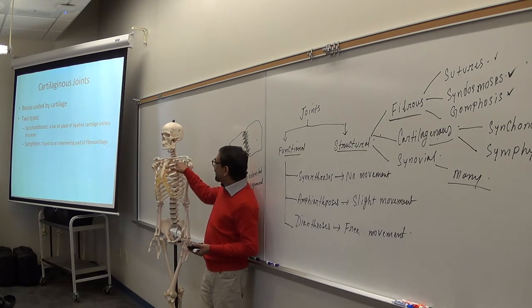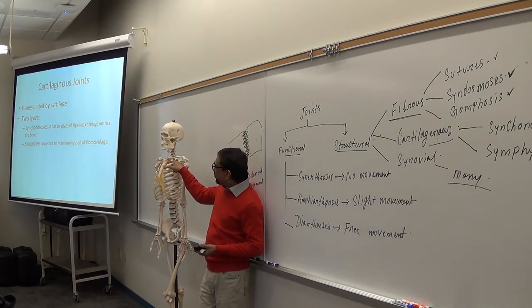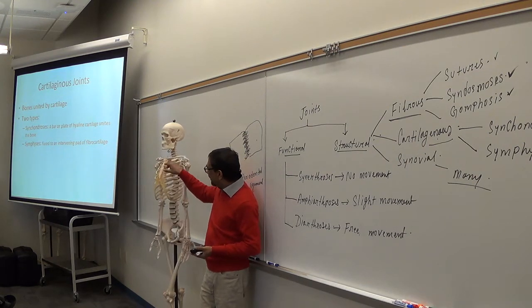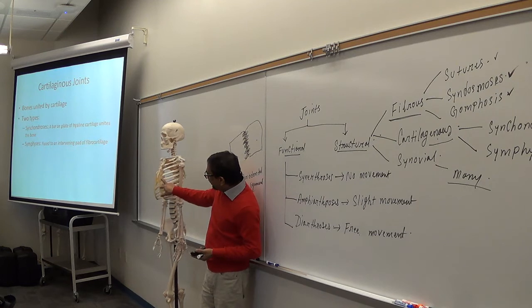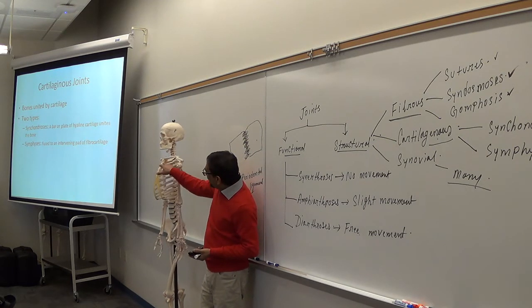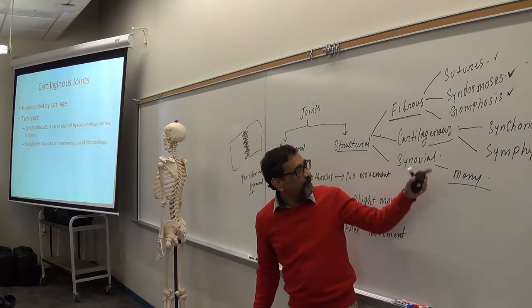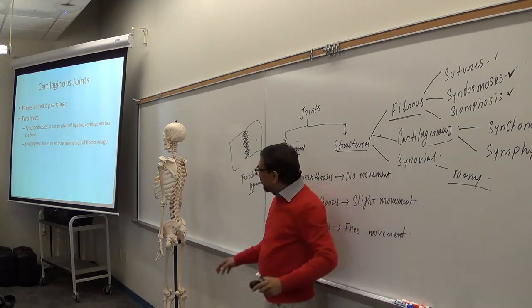Now you see why I said first rib and sternum is synchondrosis. I didn't say these other ribs. The reason is other ribs belong to synovial joint.